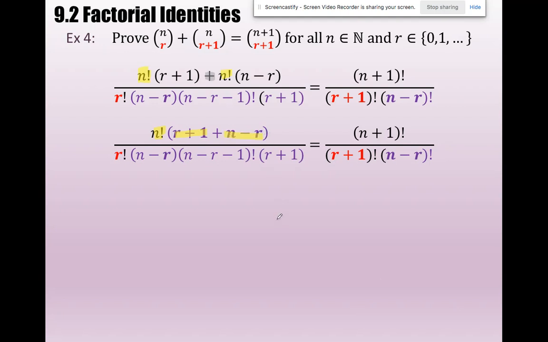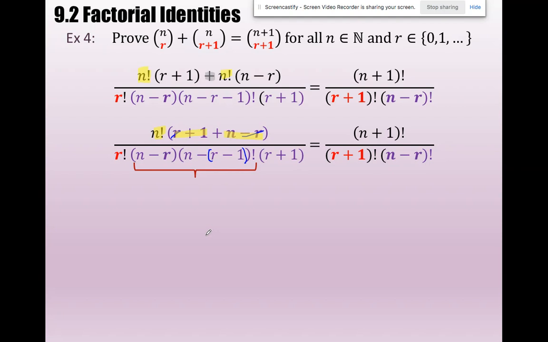But look what happened to my r's. Those are going to go away. Now I want you to look at this scenario. This is hard to see until someone shows it to you. This is n minus r, then it's n minus r minus 1.